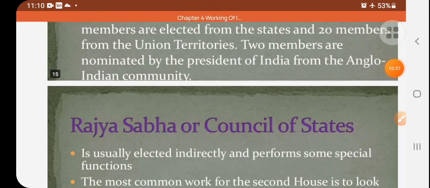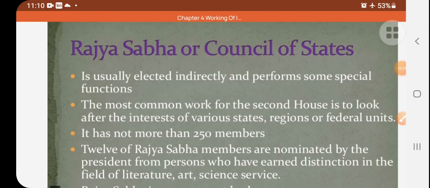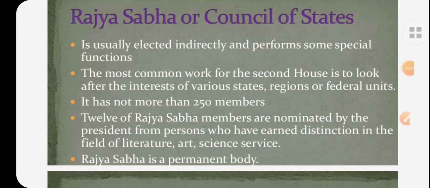Then another is Rajya Sabha or the Council of State. It is usually elected indirectly and performs some special functions. What are those special functions? We know that the role of Lok Sabha and Rajya Sabha is totally different. The most common work of the second house is to look after the interest of the various states.